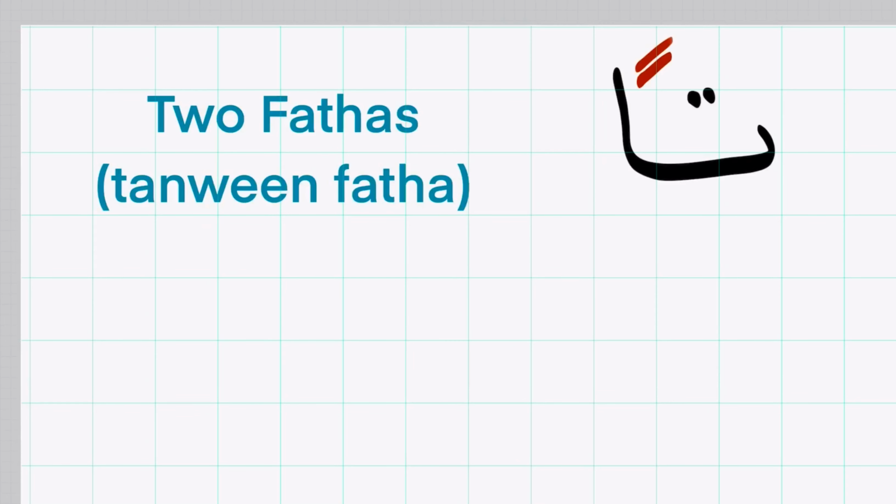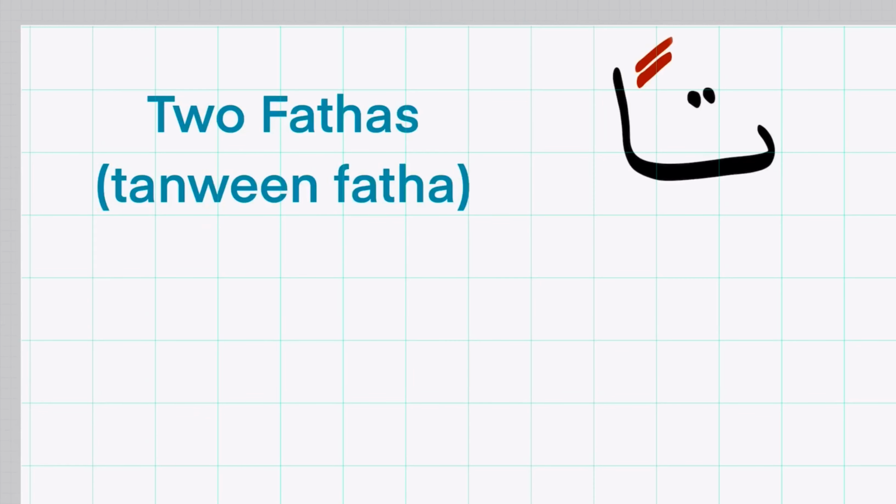How do you expect the pronunciation will be like? Tan, tan. Think of the tanween as two short vowels connected together of the same brand. The first short vowel remains as is, pronounced as is, and the second short vowel is converted into an n letter.